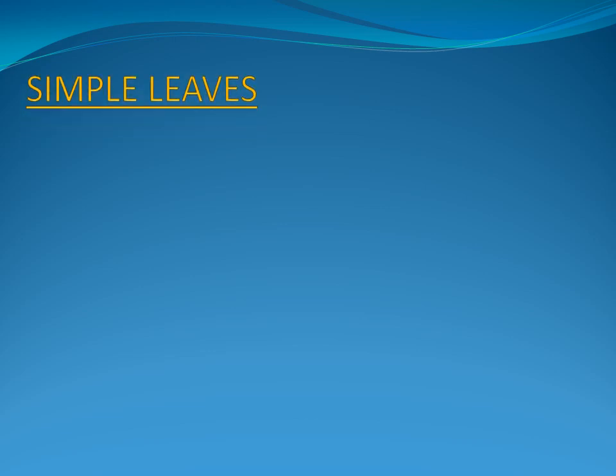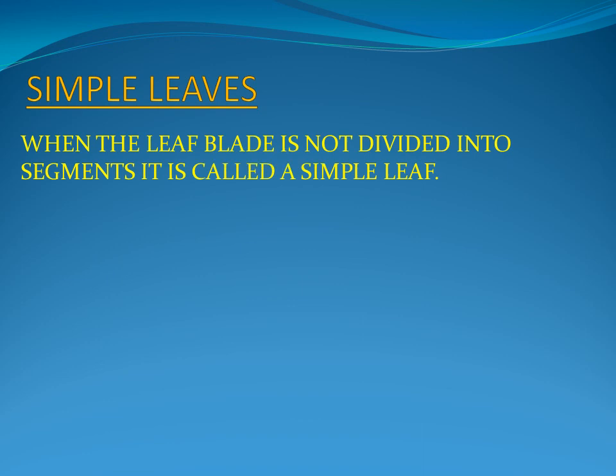Moving on, you can see simple leaves and compound leaves. The first one is the simple leaf. When the leaf blade is not divided into segments, it is called a simple leaf. Again, say with me: when the leaf blade is not divided into segments, it is called a simple leaf.